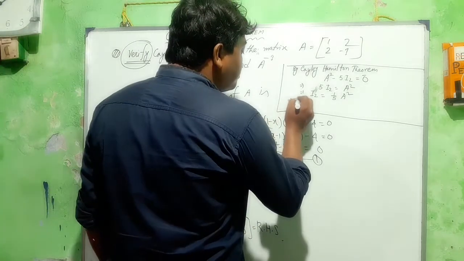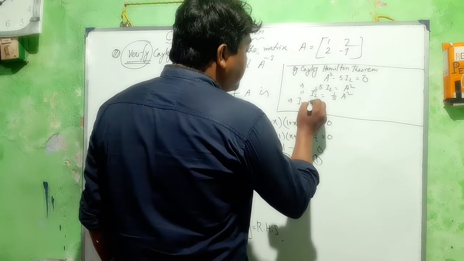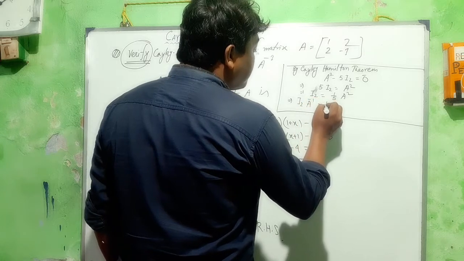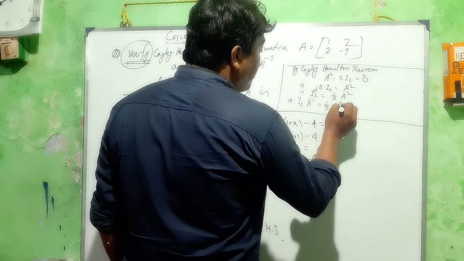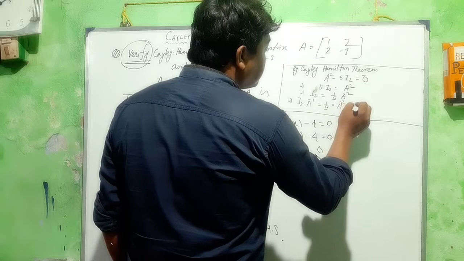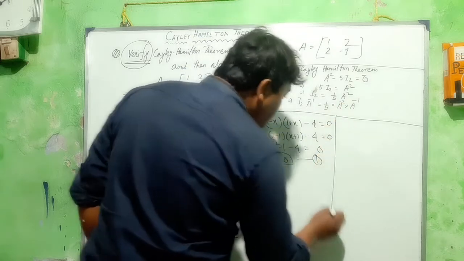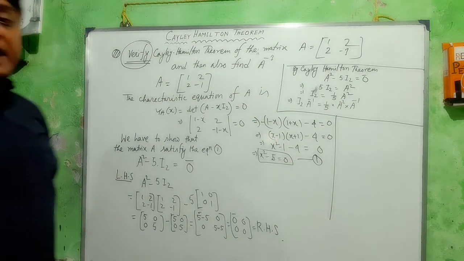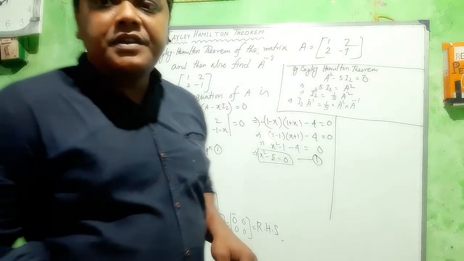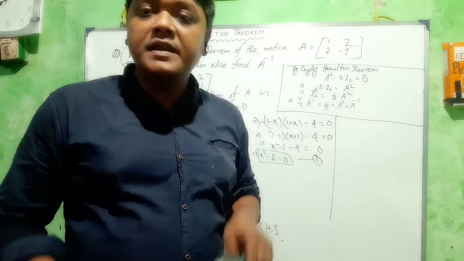So I2 into A inverse equals 1 by 5 into A square into A inverse. After the multiplication, if we multiply identity to any matrix, that gives that matrix.